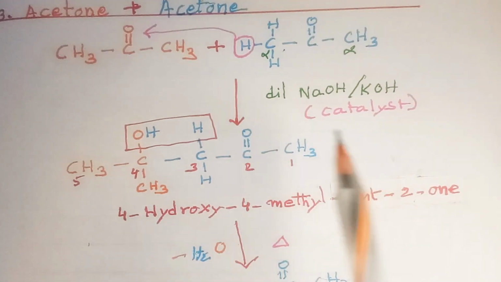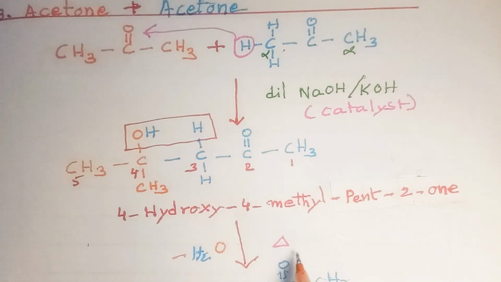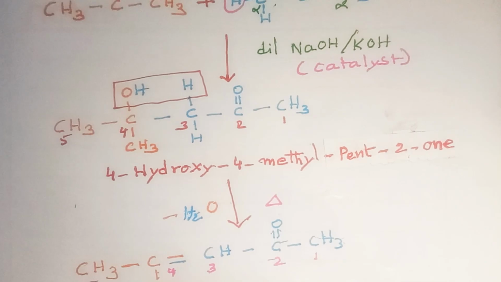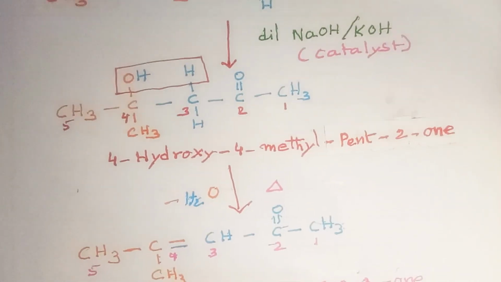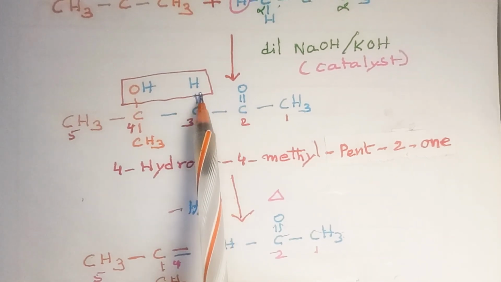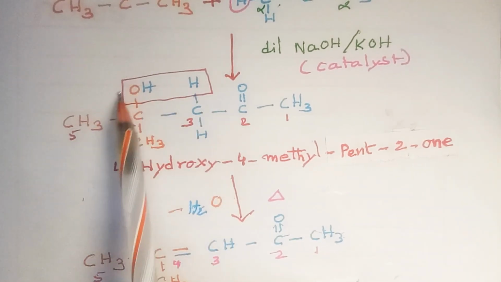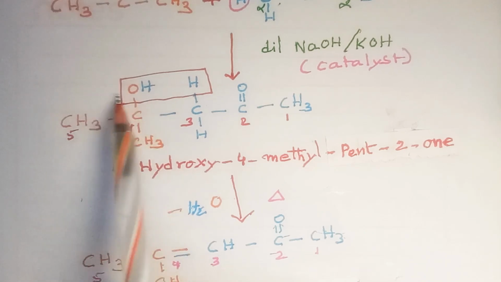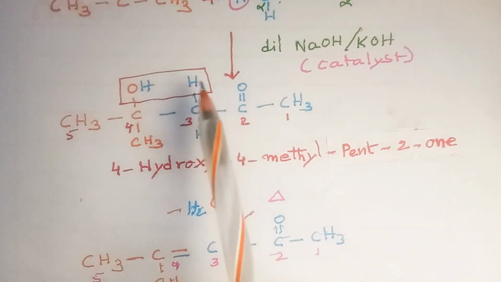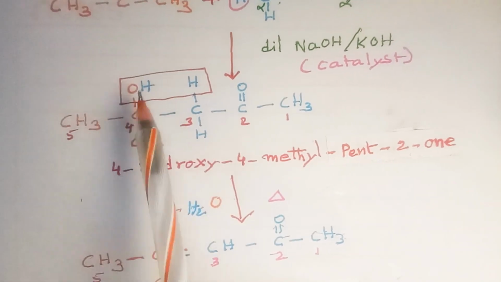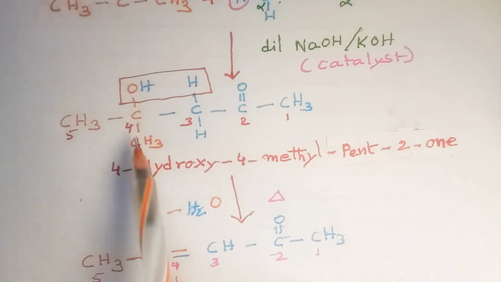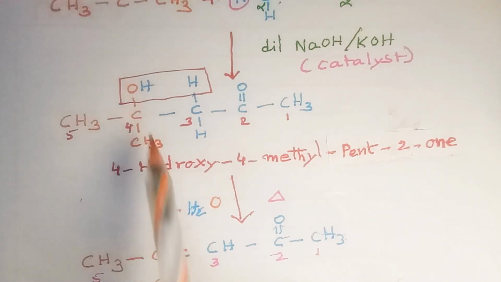product. This aldol product, upon being heated, will give out a water molecule to give us the aldol condensation product. Now this alpha hydrogen and OH group will combine to give us a water molecule. As you know, this water molecule is made up of 2 alpha hydrogen atoms and the oxygen atom from the carbonyl group.